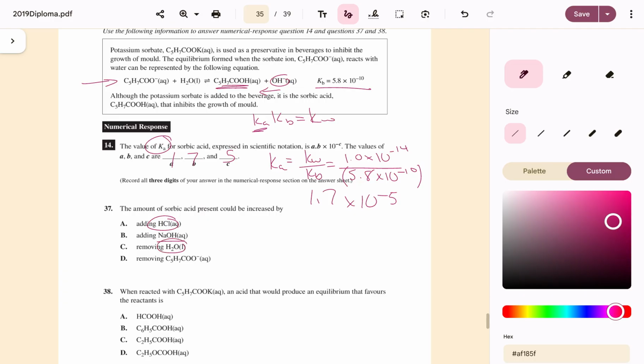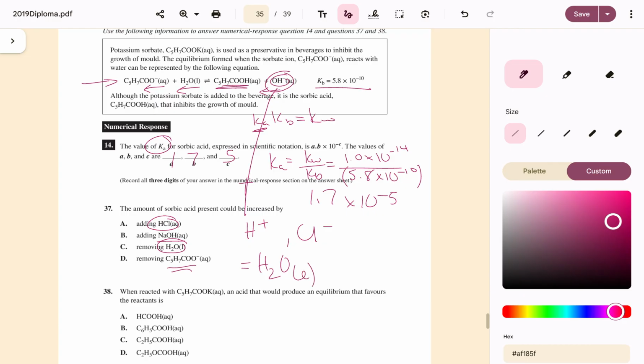If you remove H2O, if you take something out, you shift towards what you're taking out, so it will make less, and same thing with this last one. Take it out, we're going to be shifting away. So for HCl, we don't see H positive or Cl negative added directly in. So instead, we want to remember how it can react to take something out. Hydrogen likes to react with the OH ion and add them together to form water.